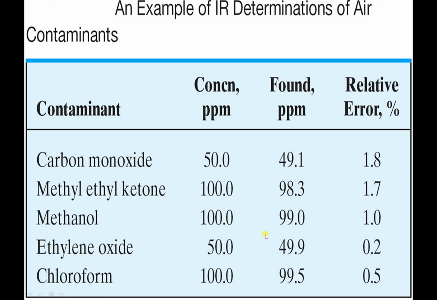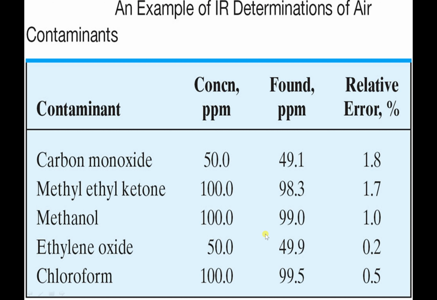An example of IR determination of air contaminants can also be done, particularly with near infrared spectra, and you can get very near to the actual value, with quite small relative error.